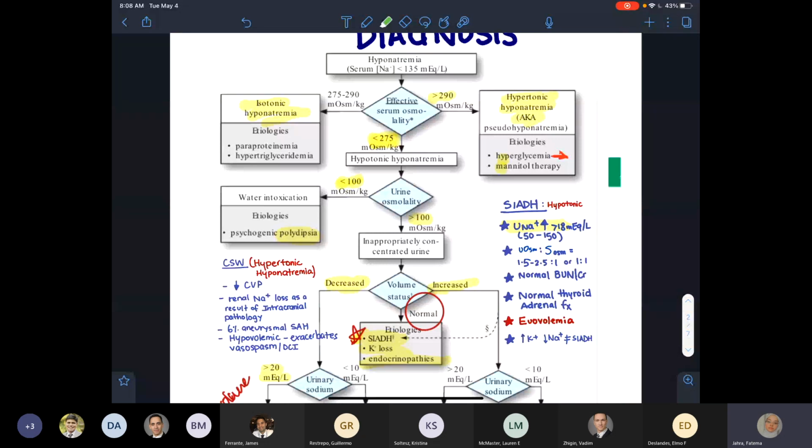So the first thing we check here is, you can go either way. You can go like other algorithms where they divide by volume first, but in this specific table the first thing you have is your serum osm. If your serum osm is normal, then you know that this may be like we were talking about pseudohyponatremia, meaning you may have extra protein or triglycerides in there, and it's just reading wrong.